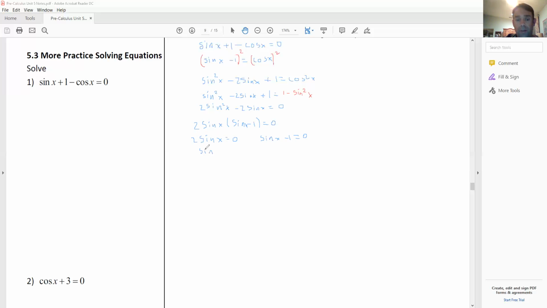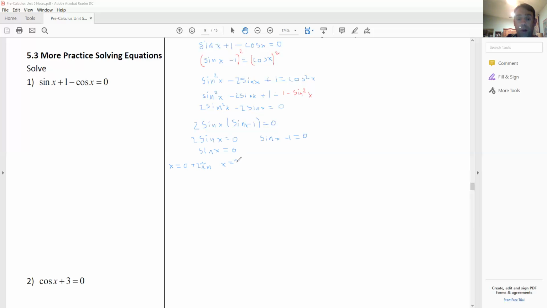So I think about my unit circle now. When is sine equal to 0? That would happen when x is 0 plus 2 pi n. Don't forget your 2 pi n's. Just remember, 0 is on the unit circle, the fundamental period, but we are going to keep going around as we're dealing with the other values.